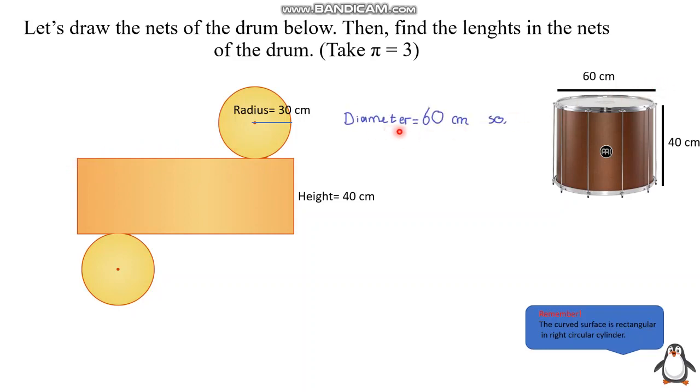We know the diameter is 60 centimeters, so the circumference of this circle is pi times diameter, and it equals 180 centimeters. We shouldn't forget the circumference of the circle is equal to the length of this side of the rectangle.